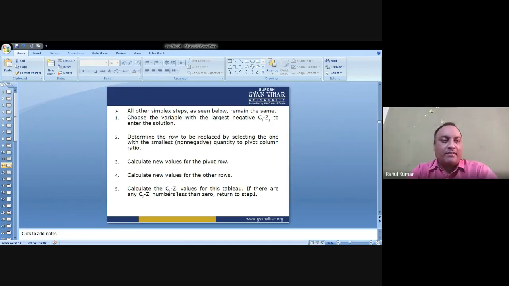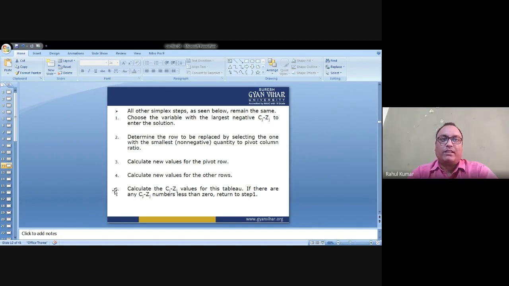Sorry for the interruption. These are the 5 steps to solve the minimization problem. First, all other simplex steps remain the same, and choose the variable with the largest negative Cj minus Zj to enter the solution.